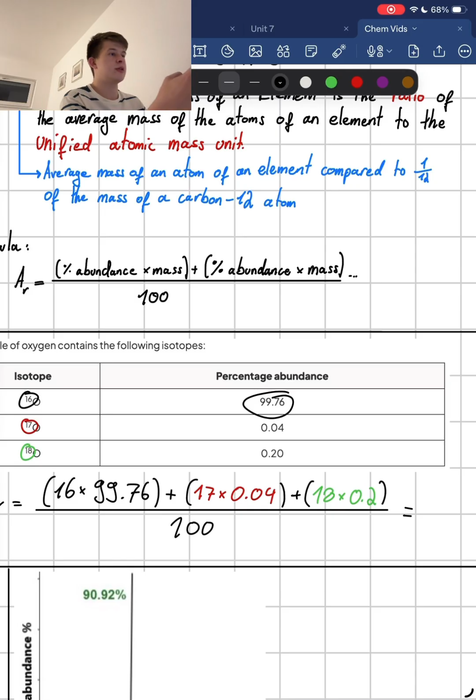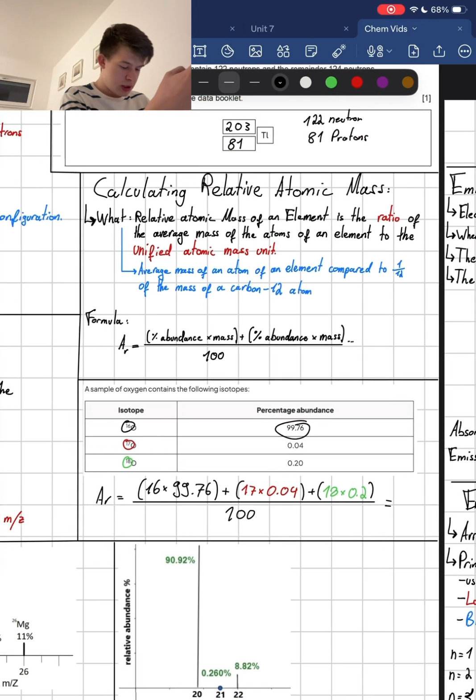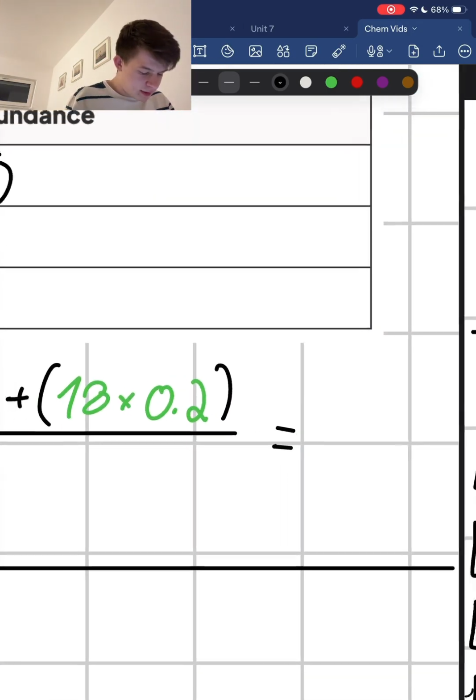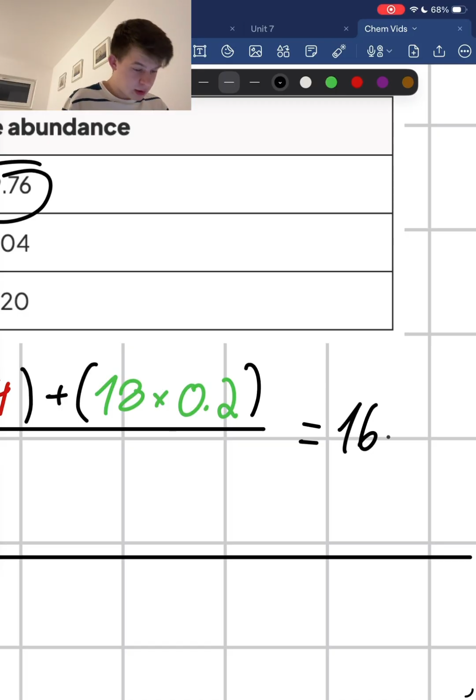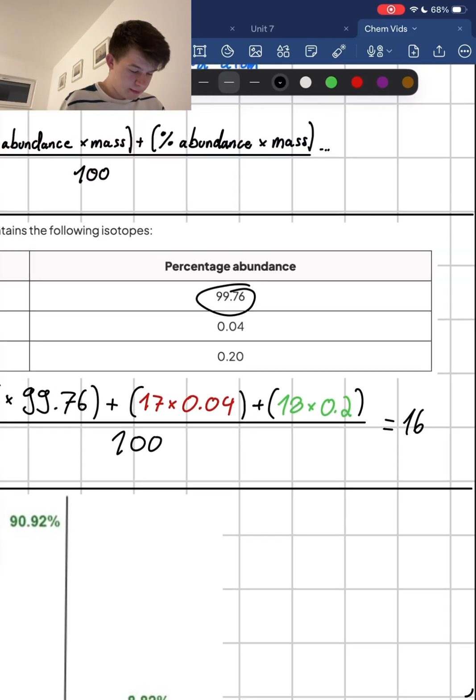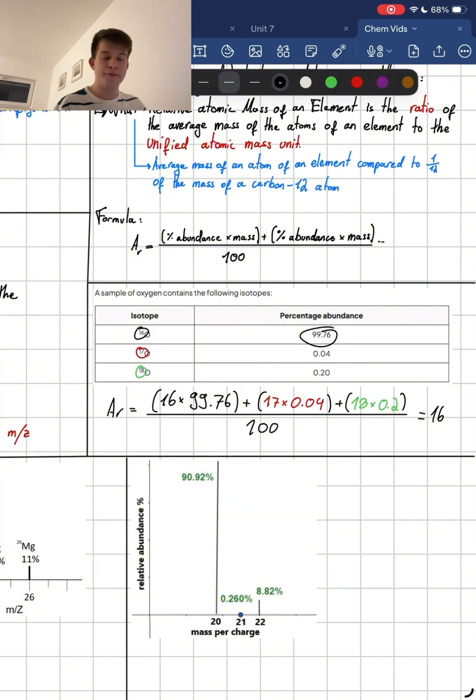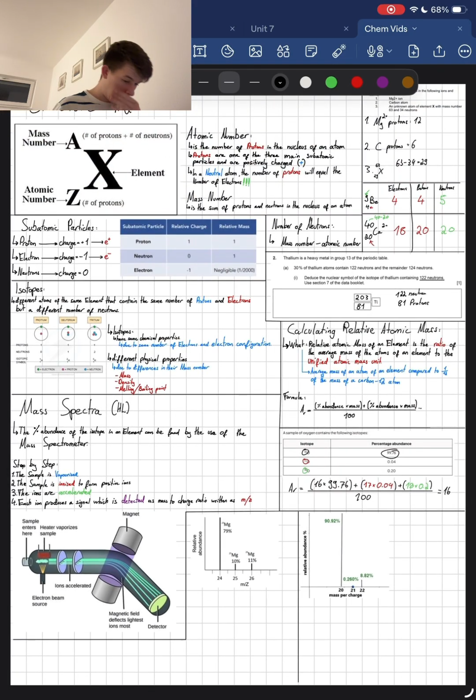That will give us 16. That's literally all it is. Good. So this was all for the SL part.